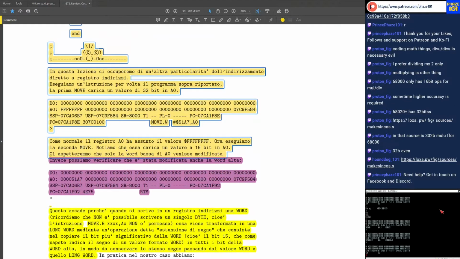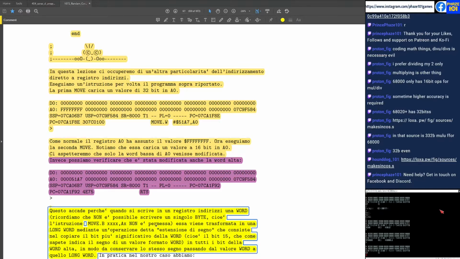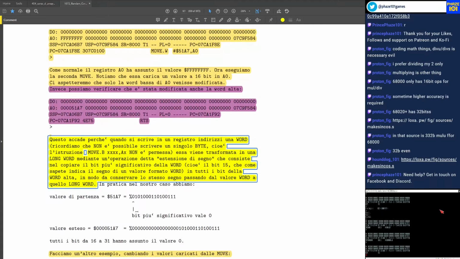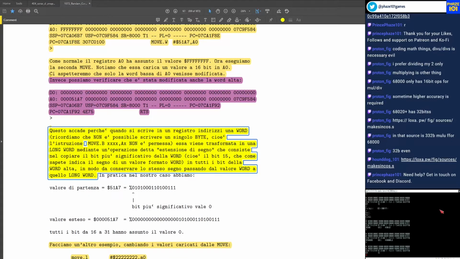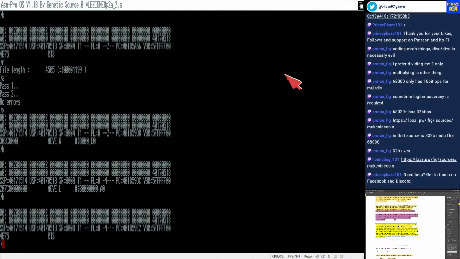Before reading my notes, I want to make sure that I'm not skipping anything. I will explain it when we're doing the exercise. Okay, let's jump to the Amiga and I'll show you the examples.